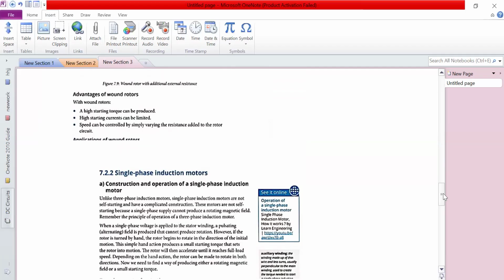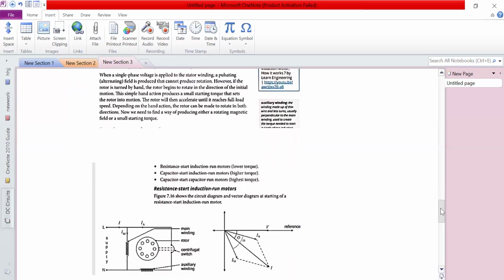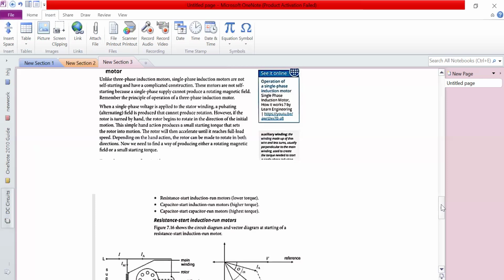Single-phase induction motors are not self-starting because the single-phase supply does not produce a rotating magnetic flux. So in order to get a rotating magnetic flux, we need to split the phase of the supply current. Splitting the phase of the supply current is done using various methods, which are the different types of single-phase motors.